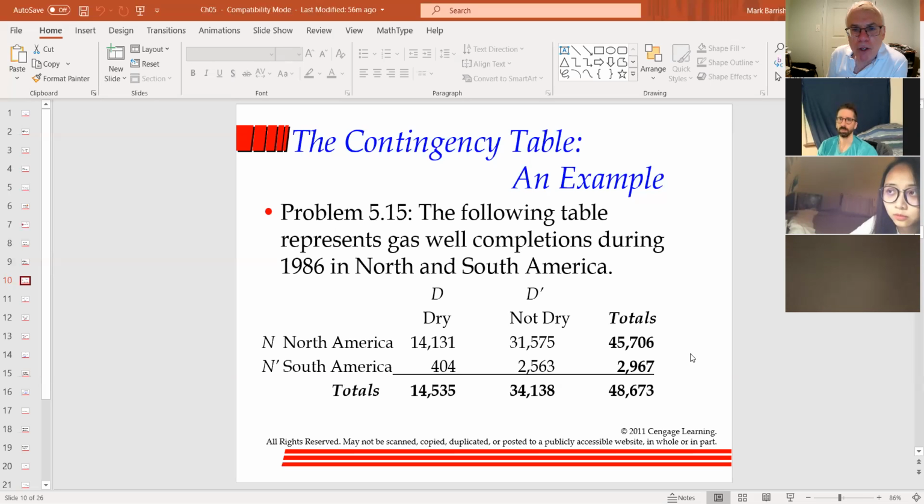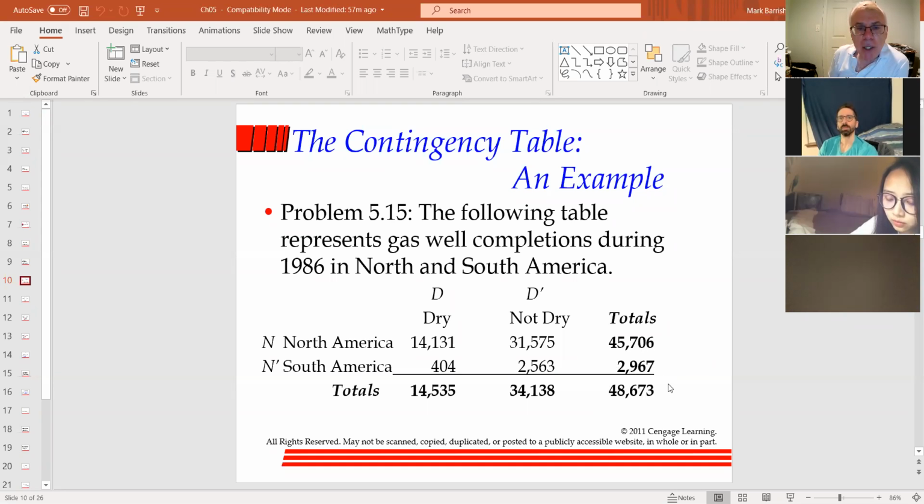So if I picked one of these wells at random, what's the probability that it's from South America? 2,967 over 48,673. Exactly right. Because the sample space, remember, is the total denominator, right? And I'm saying, what's the probability of South America? South America is a marginal total, so you look at the margin for it.